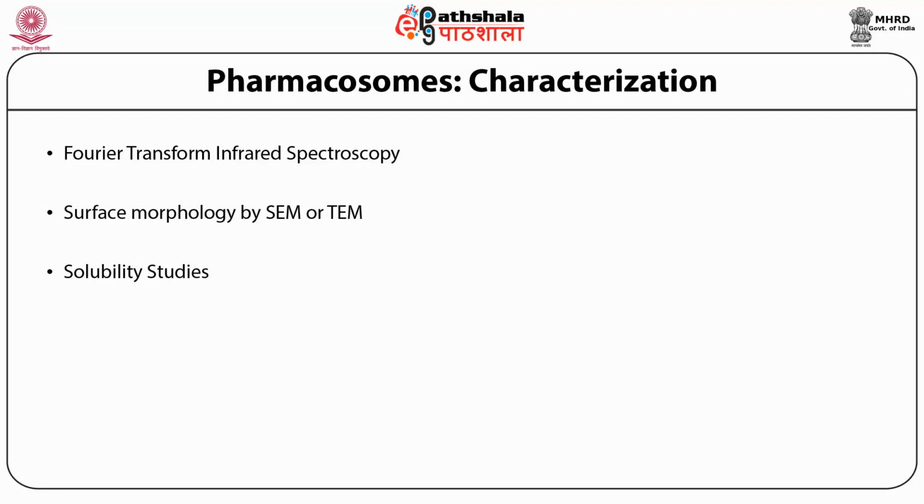Equal volumes of buffer solution with a pH range from 2 to 7.4 and 1-octanol containing phospholipid complex are mixed thoroughly in screw capped penicillin bottles and equilibrated under constant shaking at 37 degrees centigrade for 24 hours. After separation of the two phases, the aqueous phase is taken and the concentration of the drug in the aqueous phase is determined using HPLC or UV spectrophotometry.